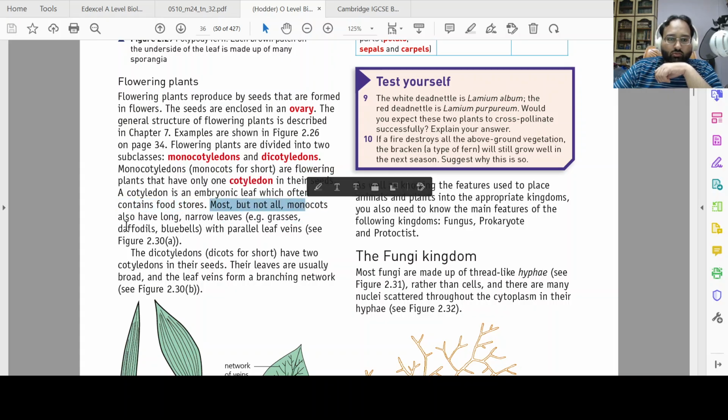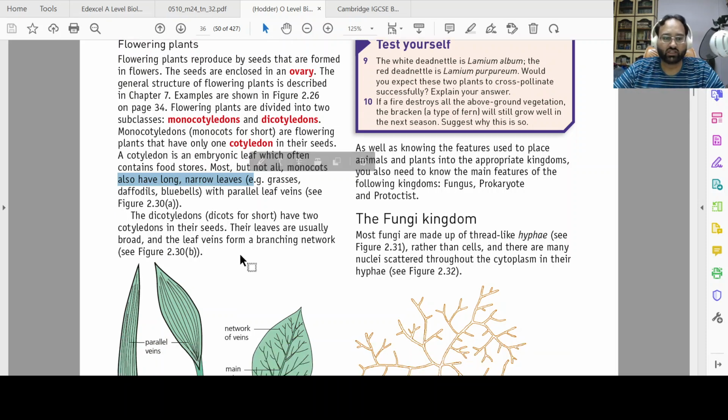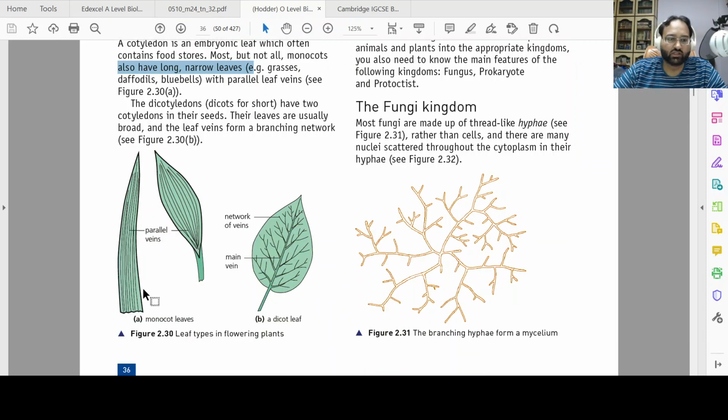Most but not all monocots have long, narrow leaves, right? So these kind of leaves that you see, these are monocots, and they have parallel veins running the length of the leaf. The examples of these are grasses, daffodils, bluebells.